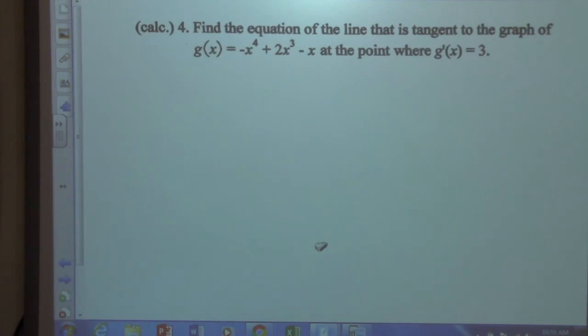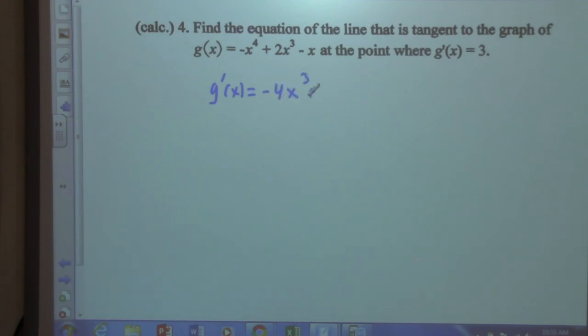So what we can do is... now, in this one here, are we given a point initially to work with? No, we're not. I like when it doesn't give me the answer.